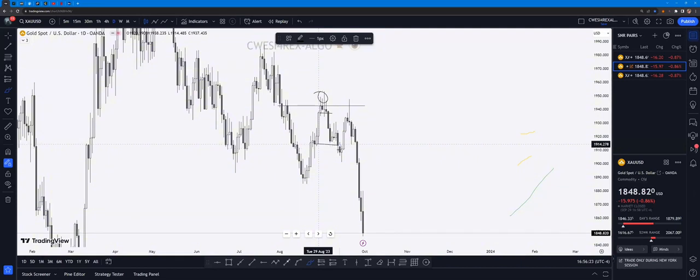What do we expect next? We expect a pullback, which is this, and then we make an entry. Let's assume we missed this entry.